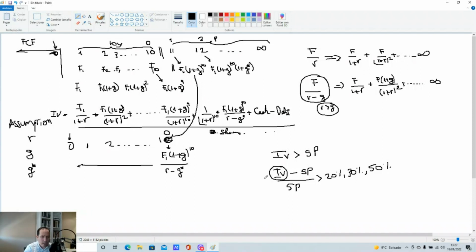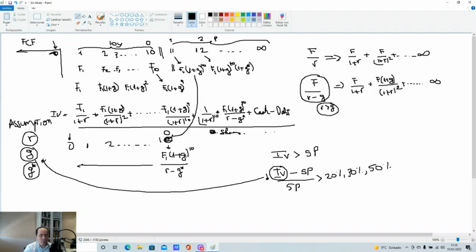And something really important about this margin of safety is that it really starts here, with your assumptions. If you are conservative enough, you will try to push this intrinsic value down.